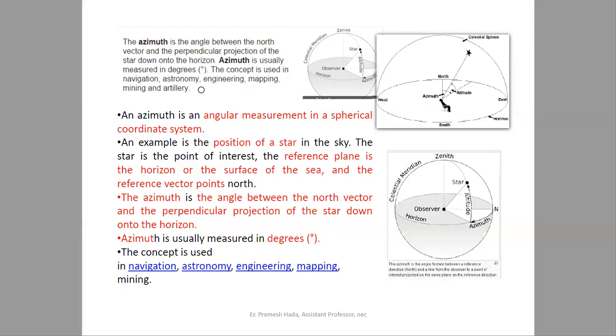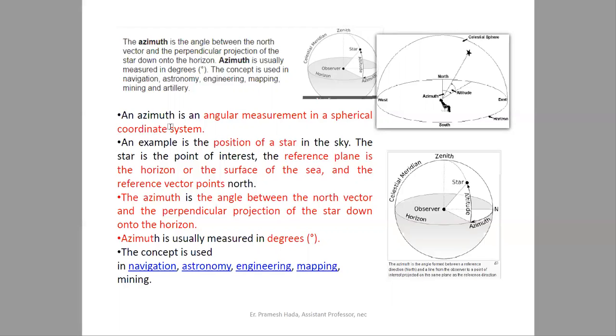Now let's come to another point, that azimuth is an angular measurement in a spherical coordinate system. Once we start our lecture series on astronomy, we will understand what a spherical coordinate system is. Basically, in astronomy we study stars and other celestial objects, and they are not measured in the normal Cartesian coordinate system that we use.